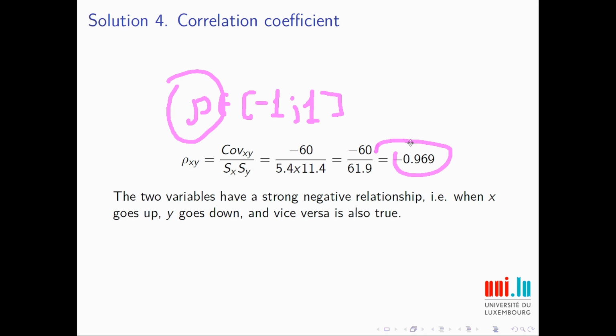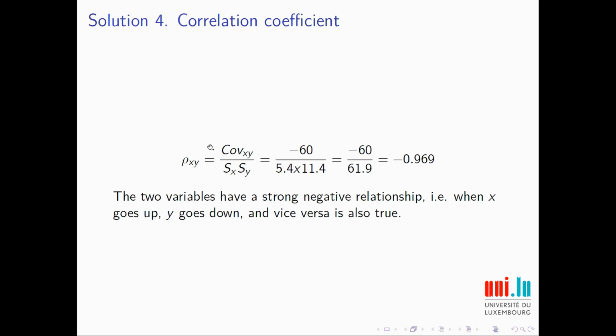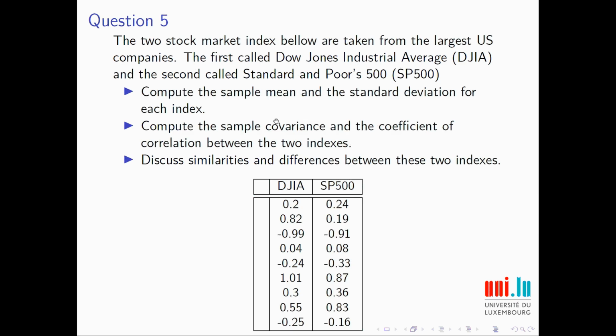Only by calculating the correlation coefficient can we say about the strength of this interdependence. By calculating covariance, we can say only about the sign, whether it's negative or positive. So that's it. Okay, guys, perfect. I think we are done with this exercise, and we can move further.